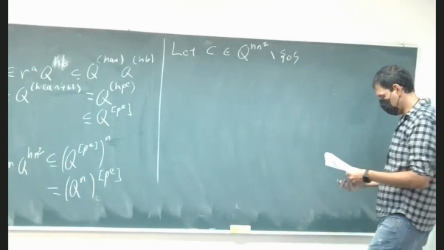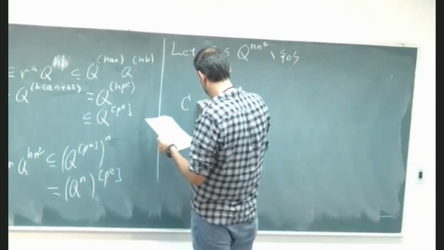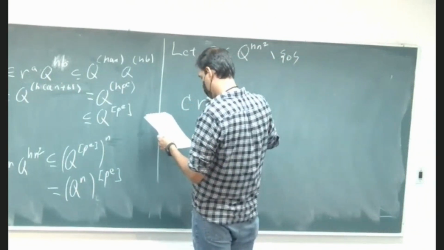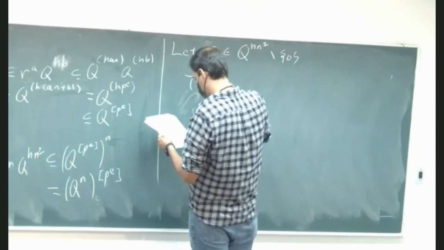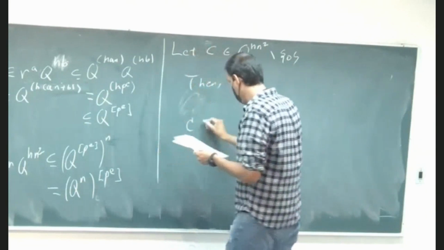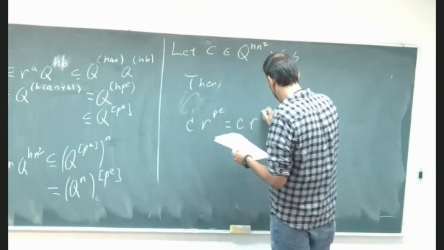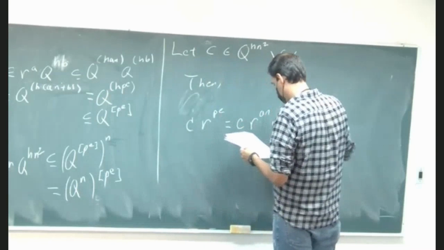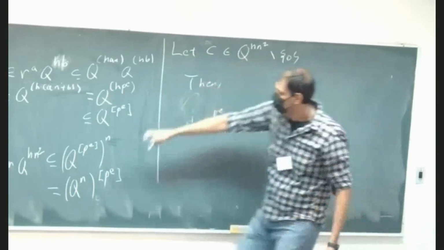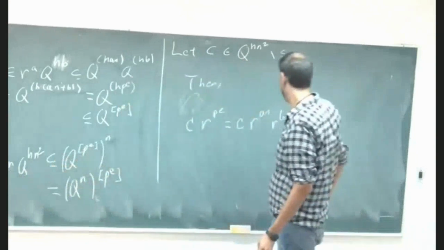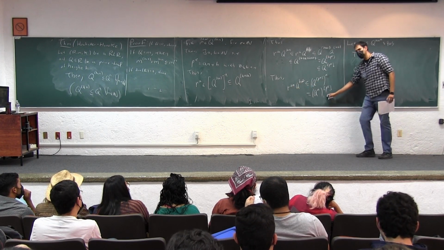So what happens? Well, you multiply C times R, then C R P to the E is equal to C R A N times R B. And because of this product, we know that this times this one, in particular this times C, is going to be contained here.